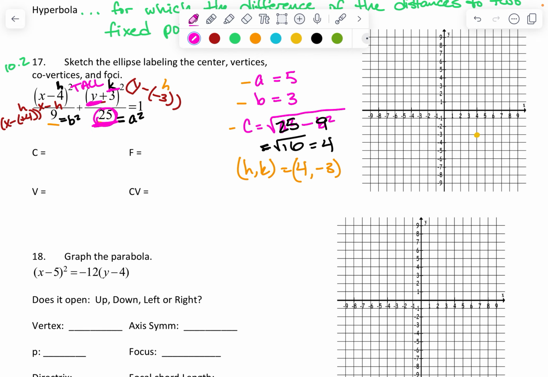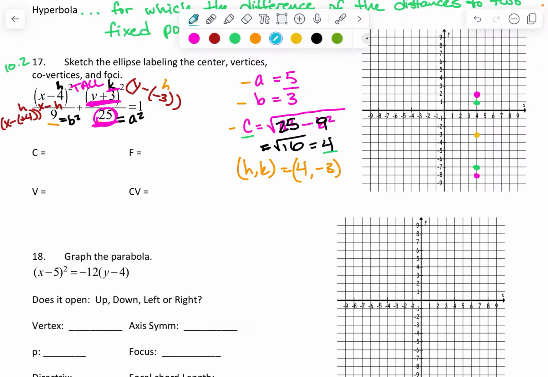And since our biggest distance is on our vertical side, that means this is a tall ellipse. So my a value, this 5 right here, I'm going to count up from my center, 1, 2, 3, 4, 5, and mark there. I'm going to also mark down from the center, 1, 2, 3, 4, 5. Since I'm on this major axis, I can also go ahead and mark my c value. It's 4, so I'm going to go from the center 4 up and 4 down, and those are my foci.